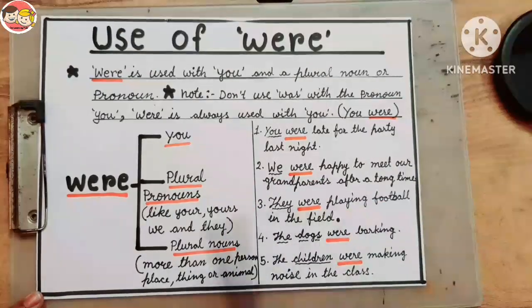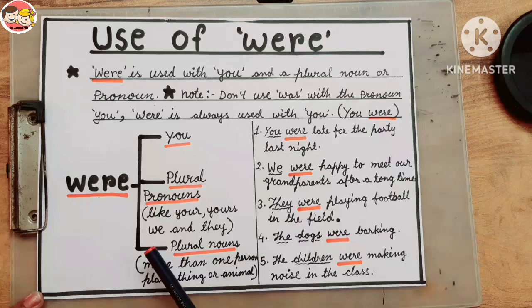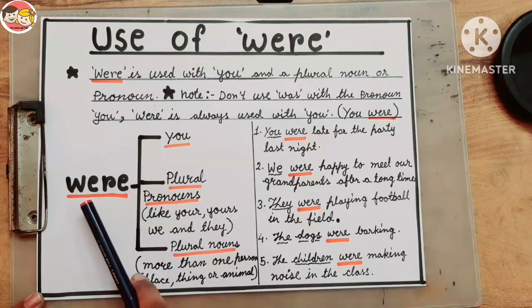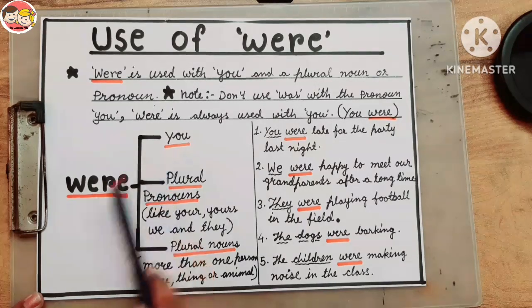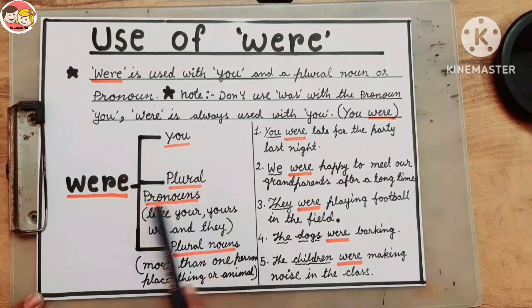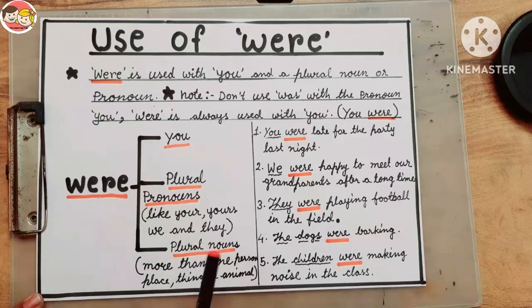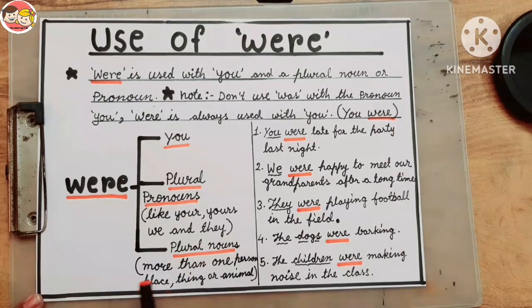And were is also used with first and third person plural numbers or pronouns. Were is used with plural pronouns like we and they. Were is used with plural nouns, means more than one person, place, thing or animal.